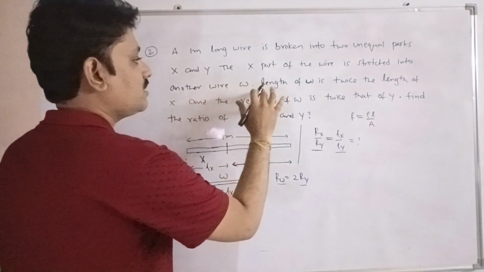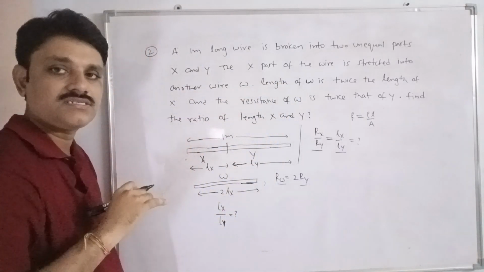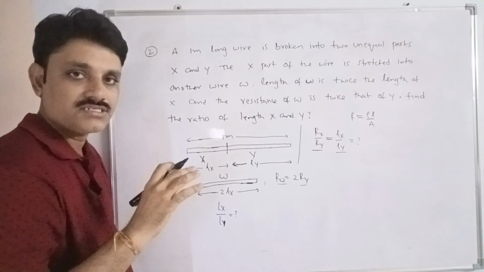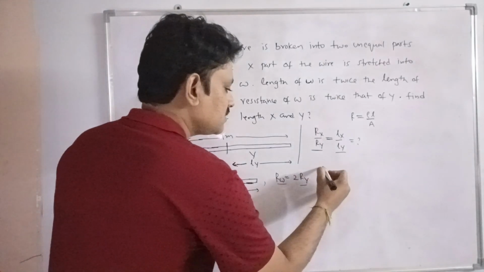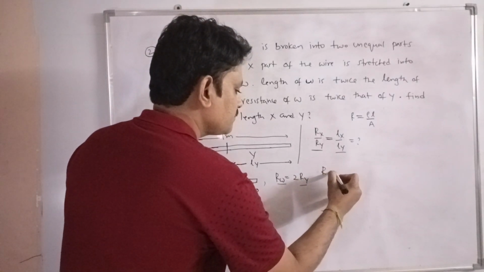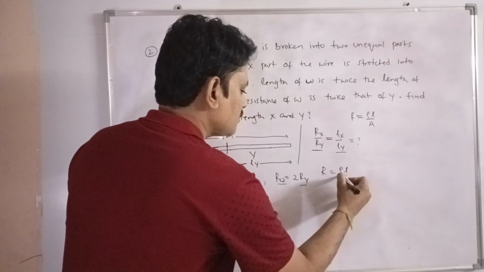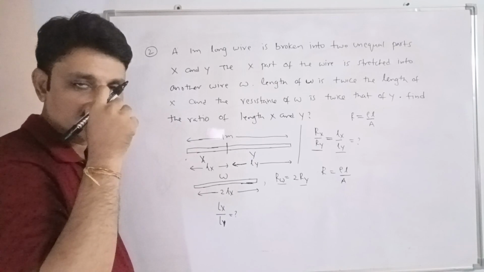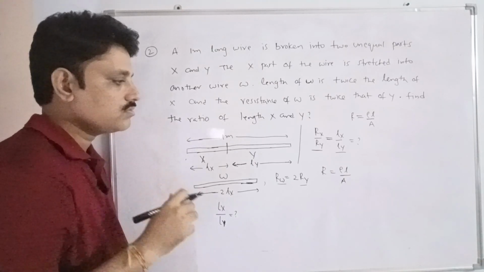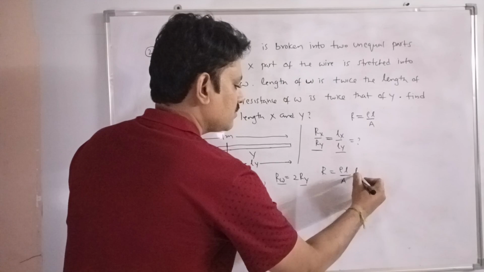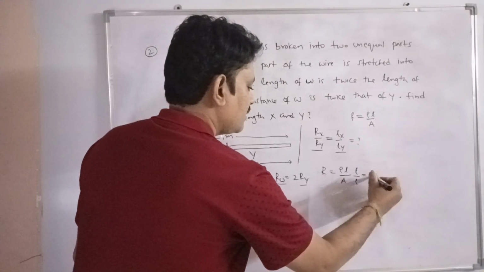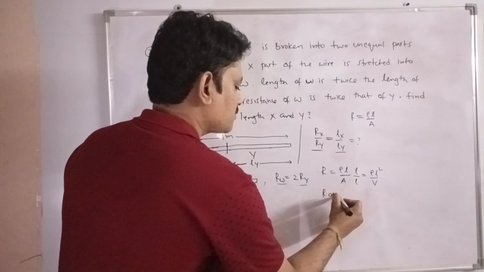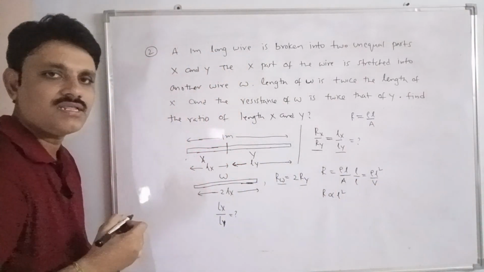See, for another wire W, the length of W is twice the length of X. That is the main point we use to calculate the resistance of X, because the resistance is rho L by A. So if you stretch the wire, one factor is constant, that is volume. If you multiply the relation with L and divide with L, it is equal to rho L square by V. Then R is proportional to L square.